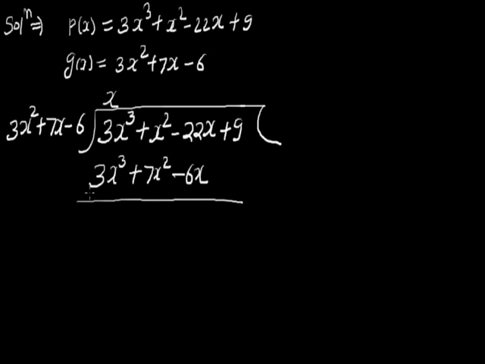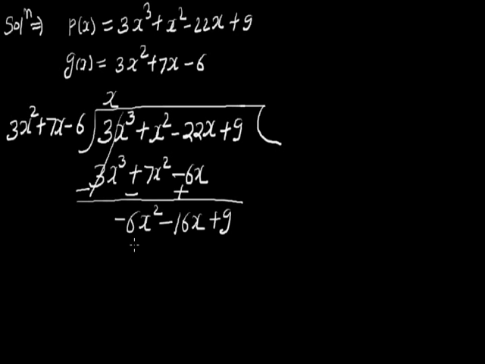Now if we subtract this, we change the signs: minus, minus and plus. Now 3x cube and 3x cube cancel out. Now x square minus 7x square is equal to minus 6x square, and the x terms give minus 16x, and the remaining term is plus 9.